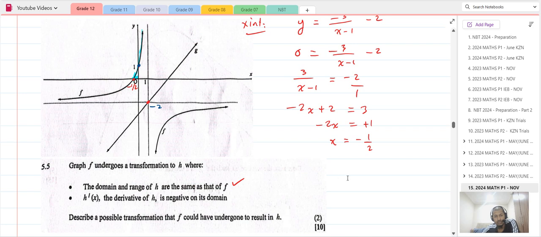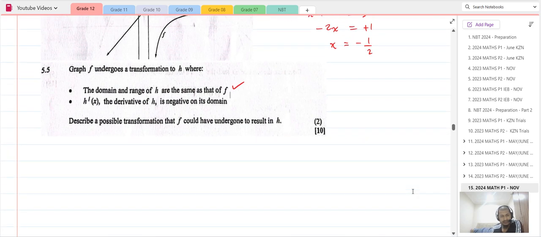So we know the graph of f. Graph f undergoes a transformation to h. F is y equals negative 3 over x minus 1, minus 2. We know the graph looks like this.